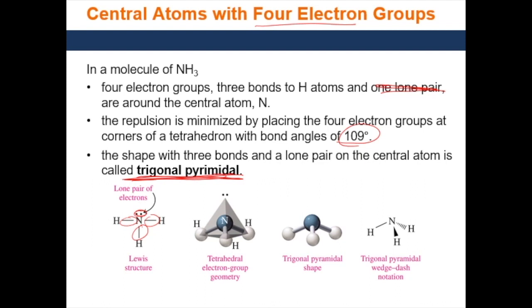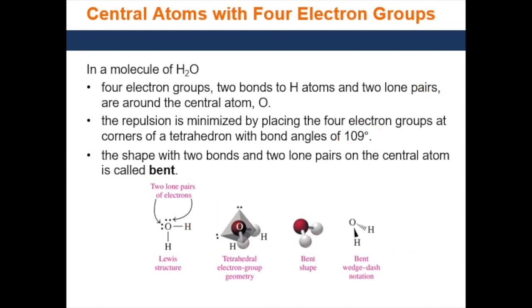Okay, what happens if there are 2 lone pairs? For instance, in the case of water, if you draw the Lewis structure of a water molecule, the central atom, which is oxygen, consists of a lone pair, 1 electron group, 2 electron groups, 3, and 4 electron groups. Total is 4, out of which 2 are lone pairs. If there are 2 lone pairs, the structure is called a bent structure.